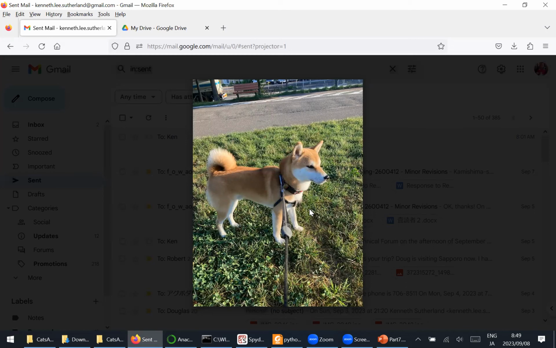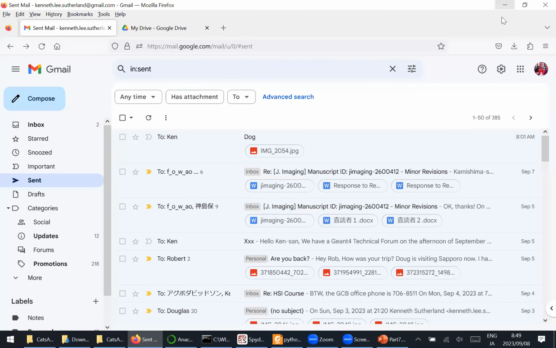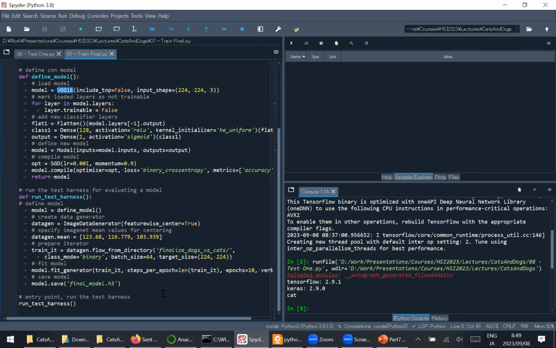So when it resizes to 224, it has to stretch. So maybe if we made this a square, cut out a square, maybe it would work better. But that is a homework assignment for you. I don't know if it will work. Why didn't it work? Okay. That failed miserably. So let's go on.